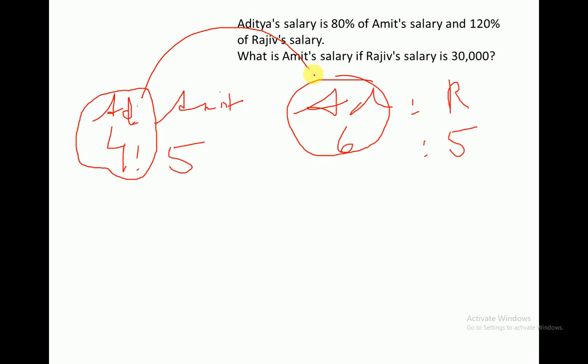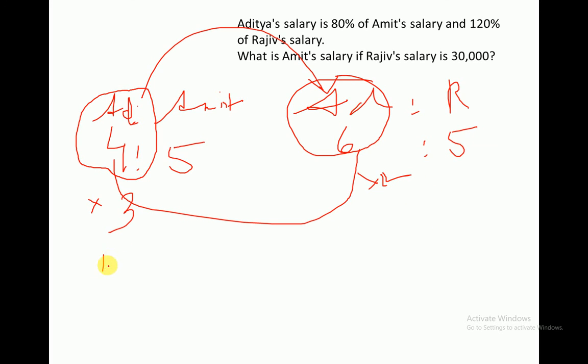The connecting one over here is Aditya, but the values are not the same. For the values to be the same, we have to multiply with a common number. 4 and 6, the first common number that comes to my mind is 12, so 4 into 3 and 6 into 2. You have to multiply both Aditya and Amit, and over here both Aditya and Rajiv.